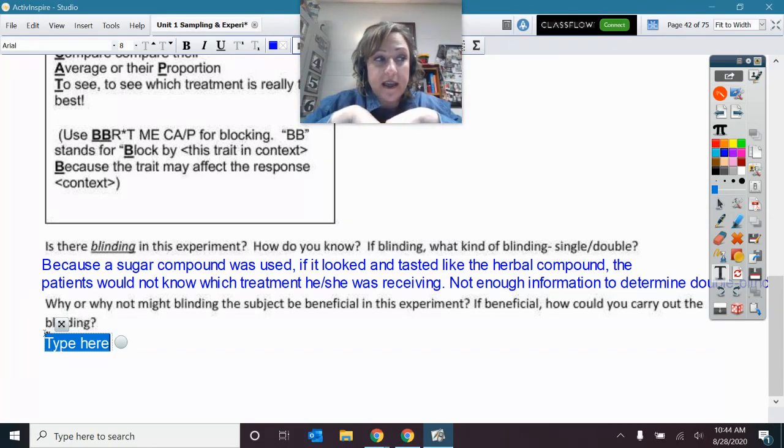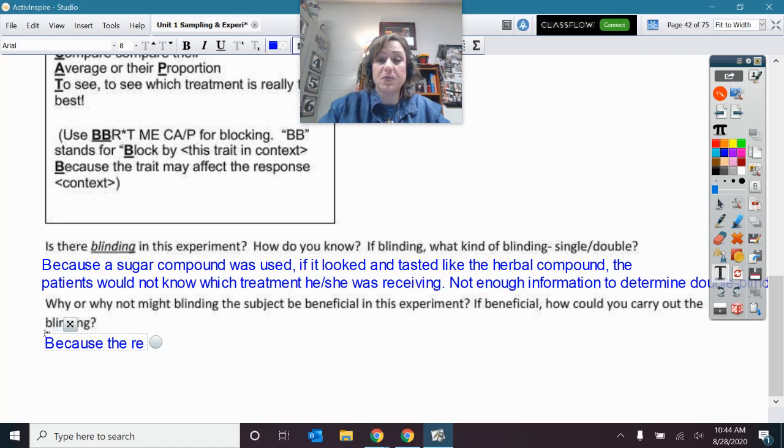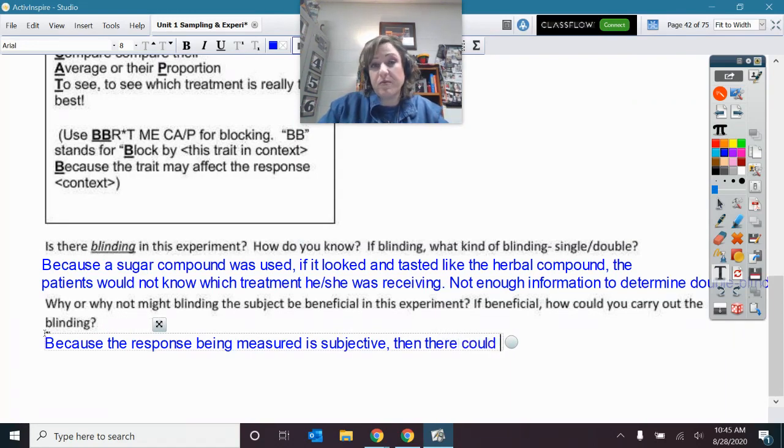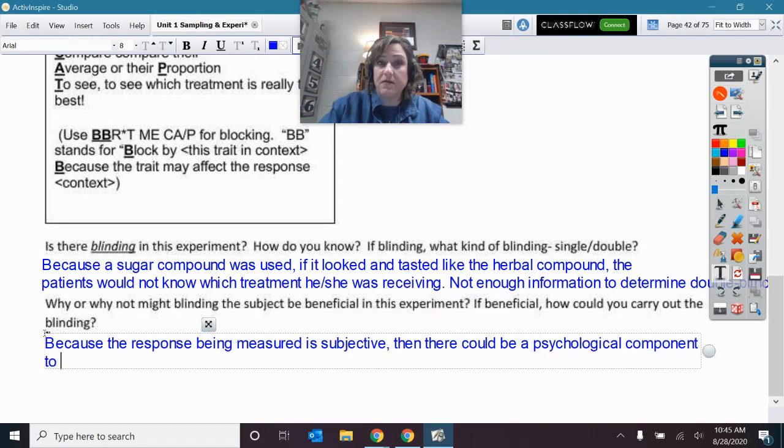And we know that if patients think they're getting a medicine, then that could make them think, ooh, I'm getting better, or ooh, I feel better. This cold is not so bad. Okay. So because the response being measured is subjective, there could be a psychological component to how the patient feels.